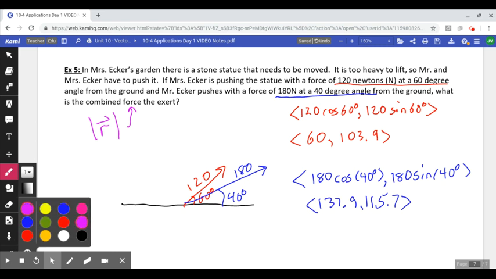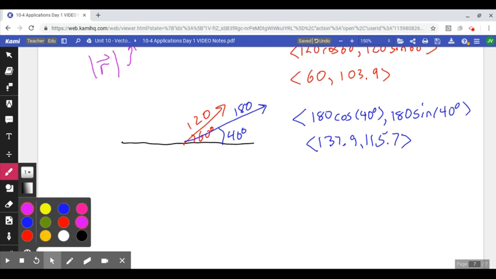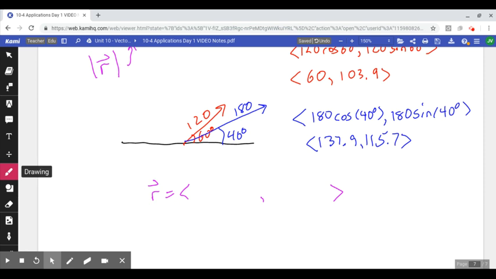So how are we going to use these to find that resultant vector? Well, our resultant vector r is going to have an x component and a y component. And what we're going to do is just add each of the components from each of the separate vectors in red and blue. So we'll do 60 for the x and 103.9 for the y for Mrs. Ecker. And then Mr. Ecker is going to be at 137.9 for the x and 115.7.